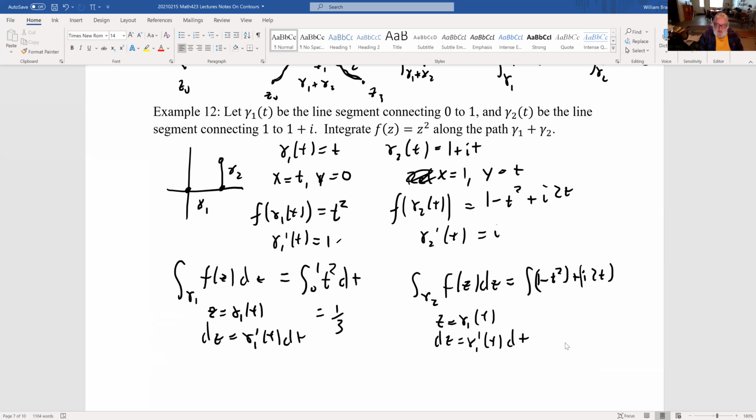That's my f of z. So we'll put a big parentheses around that, times dz, which is going to be i dt. And if you grind through that, you get minus 1 plus 2/3 i.